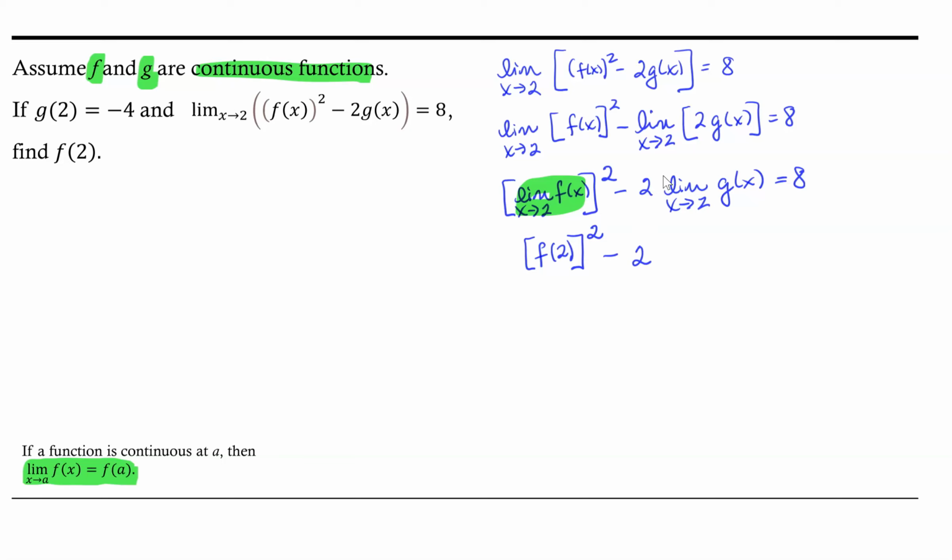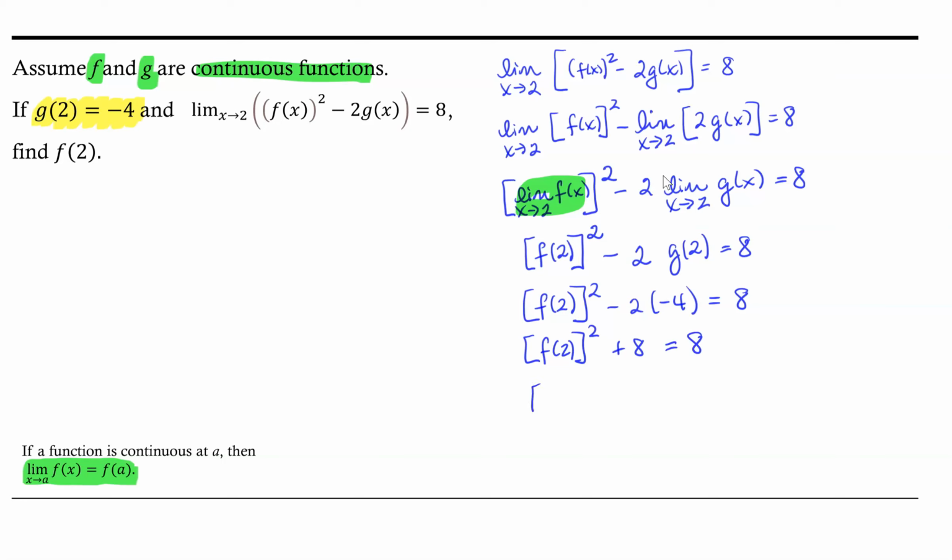G is continuous, so that is equal to g of 2, which equals 8. Now recall, we were told that g of 2 equals -4. So we're going to have f of 2 squared minus 2 times -4 equals 8. So we get f of 2 squared minus 2 times -4 is going to be a plus 8 equals 8.